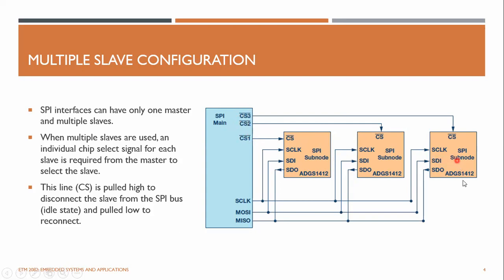So as the number of slaves increases, you need more and more digital output pins from the master. So that is a drawback of the regular SPI mode.